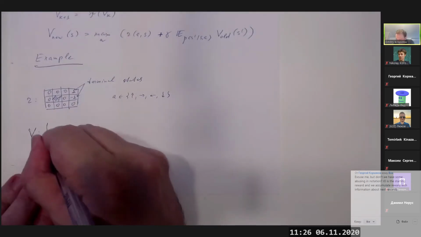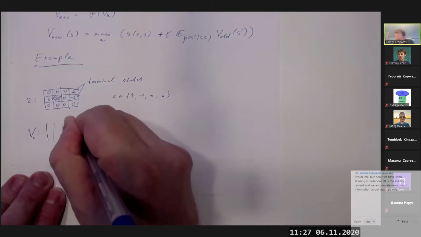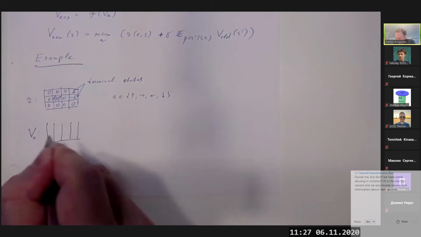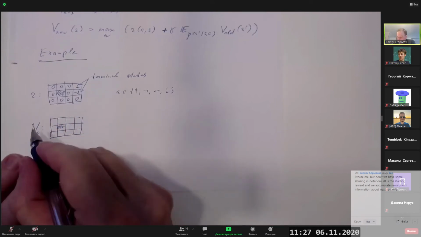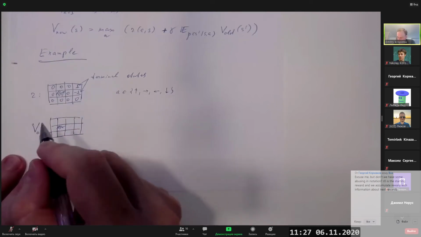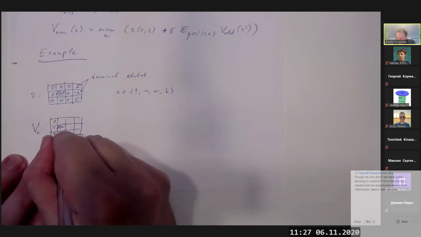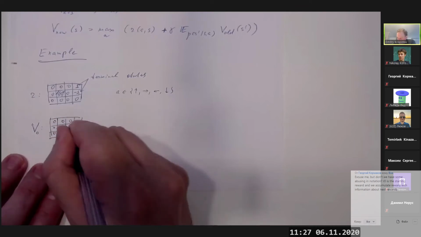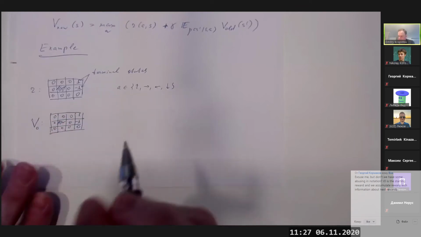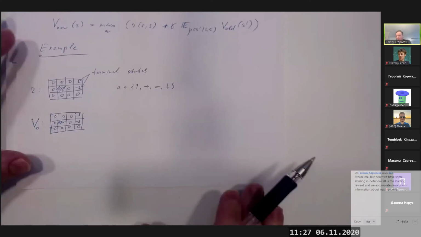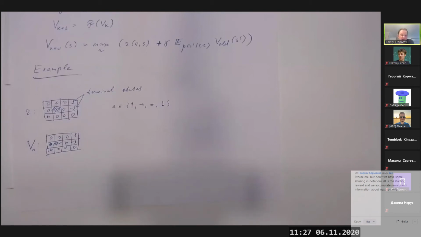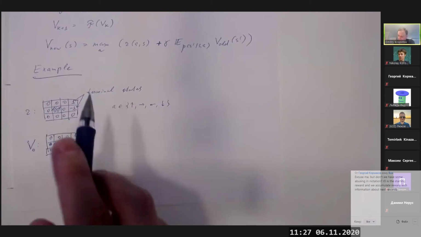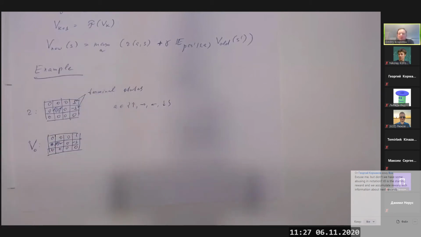At the first time moment, we initialize our v function, and it is reasonable to initialize it with the reward function, with immediate rewards. And then let's recalculate this v function using our algorithm.